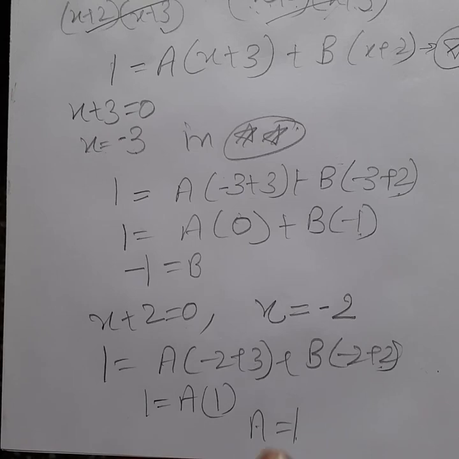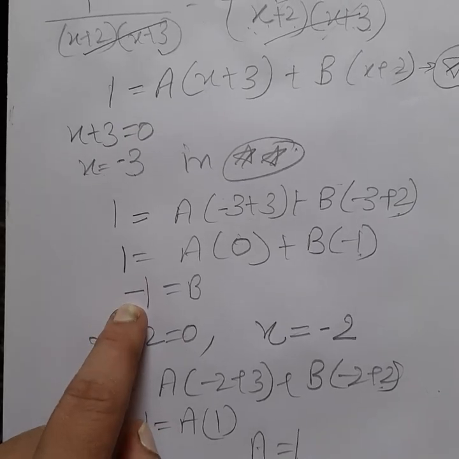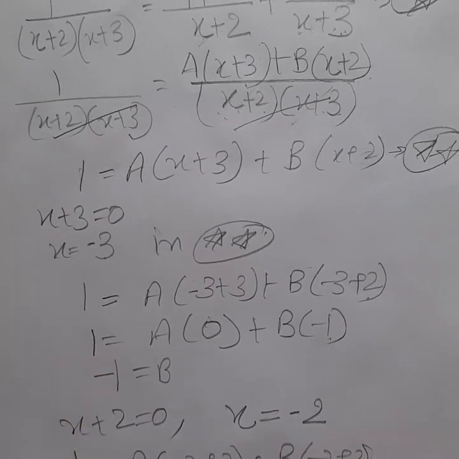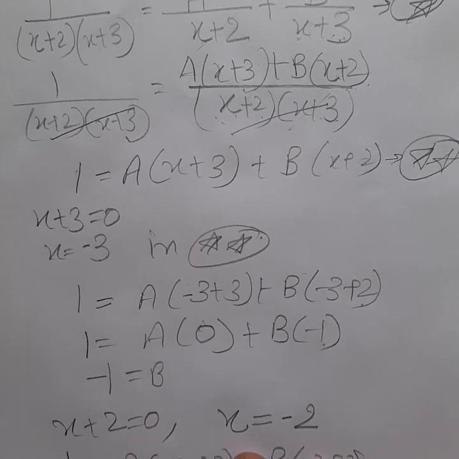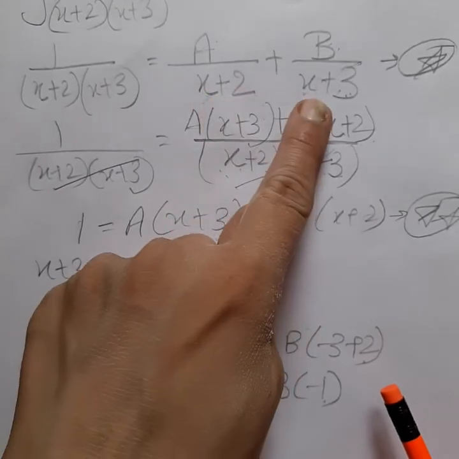In this way we find our two values, a equal to 1 and b equal to minus 1.